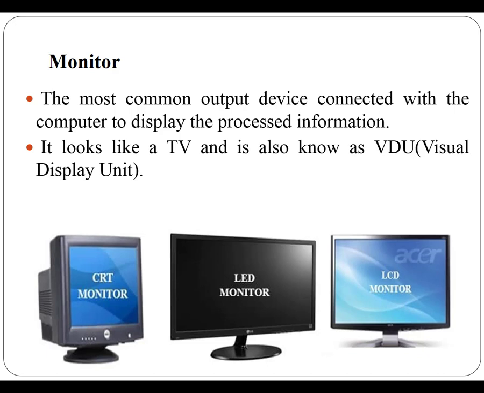The two commonly used monitor types are cathode ray tube and liquid crystal display. The output produced on screen is called as soft copy output because it cannot be retained for a long time. Nowadays, LCD monitors are more popular as their sharp picture quality. They are light-weighted and flat screen monitor.